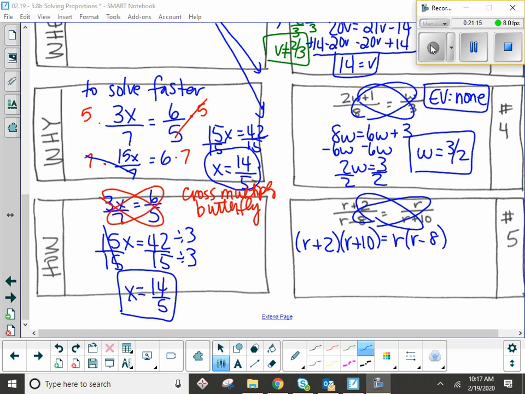These are easy, right? The one on the left cannot be 8. The one on the right can't be 10. So r can't be negative 8.